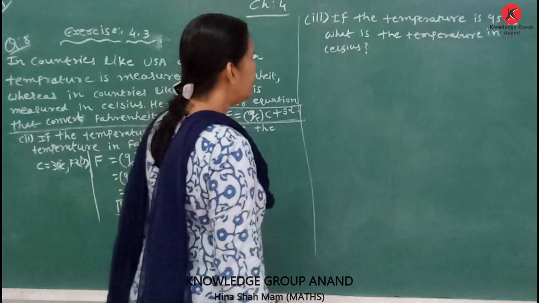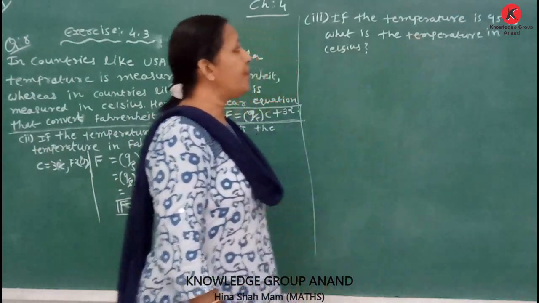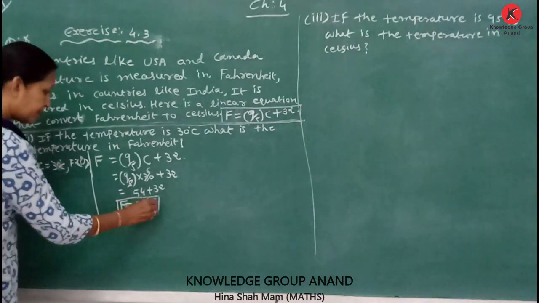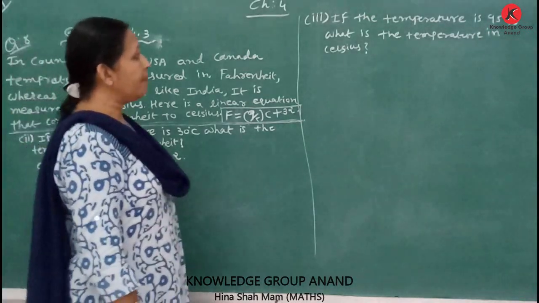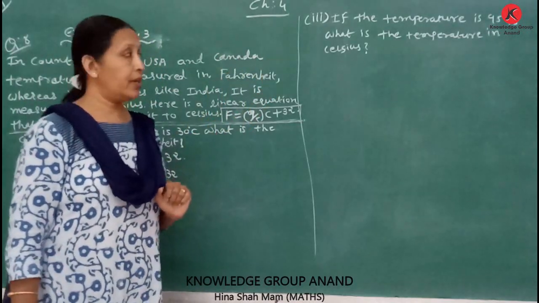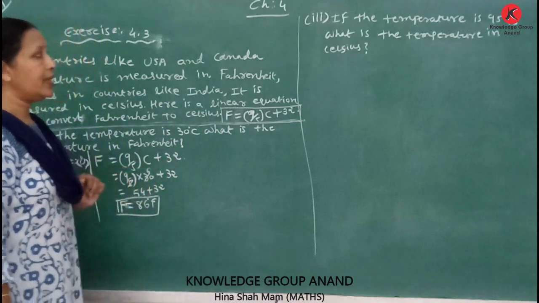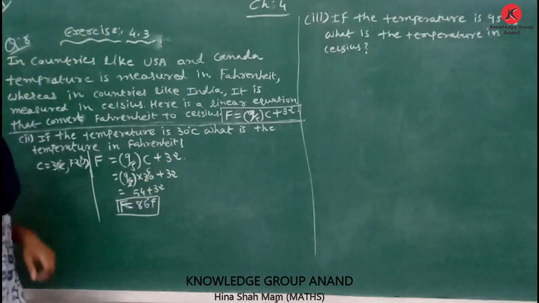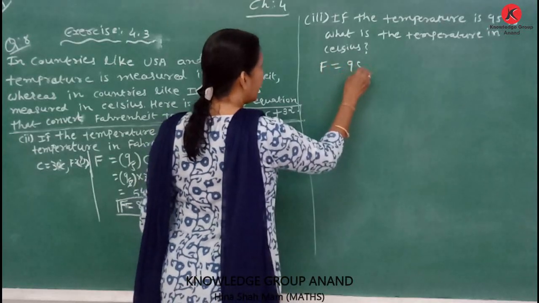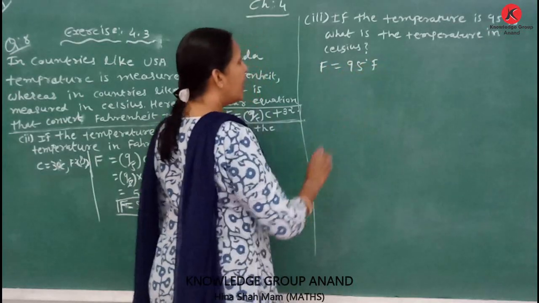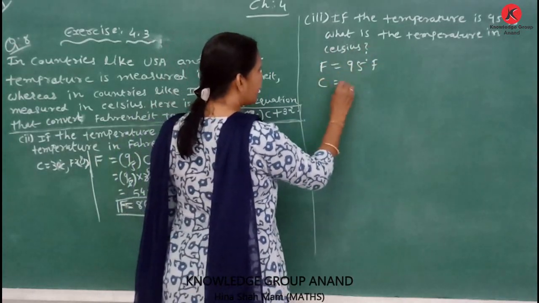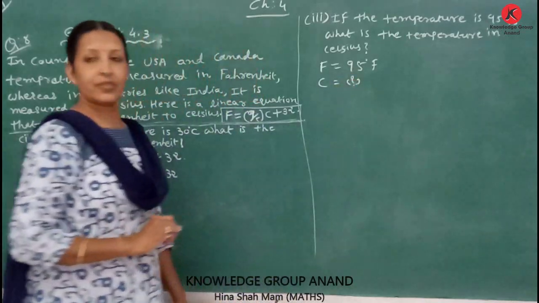Number 3. If the temperature is 95 degrees Fahrenheit, what is the temperature in Celsius? Here F is equal to 95 degrees Fahrenheit, and we find Celsius.